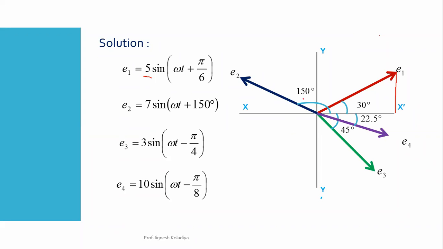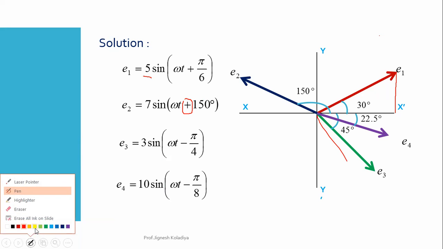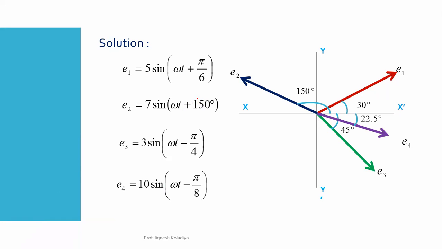No, you cannot draw it below E3 because, first of all, it is leading. If you draw it below E3, it shows that it is lagging, right? That's why I told you these two are with positive sign and these two vectors are with negative sign.